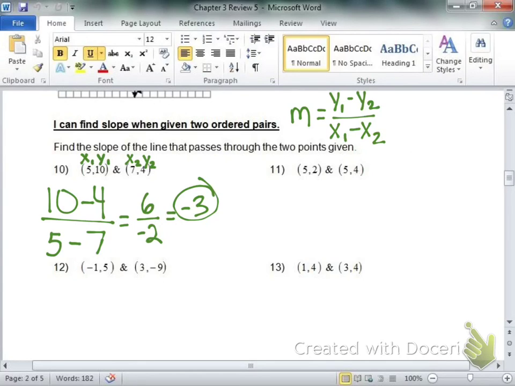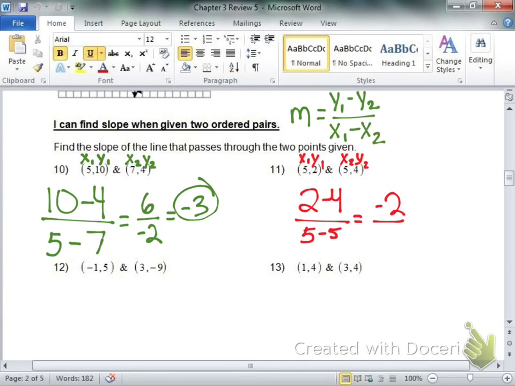Alright, same thing on the next one, so let's label these points x1, y1, x2, y2, and do some subtracting. So the y is on top, the 2 minus 4, x is on the bottom, 5 minus 5. 2 minus 4 is what?